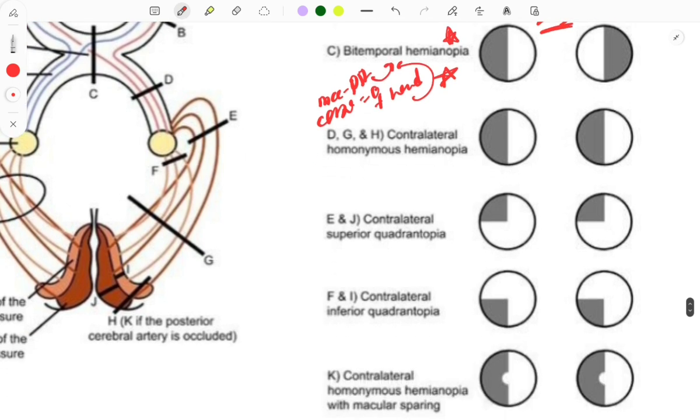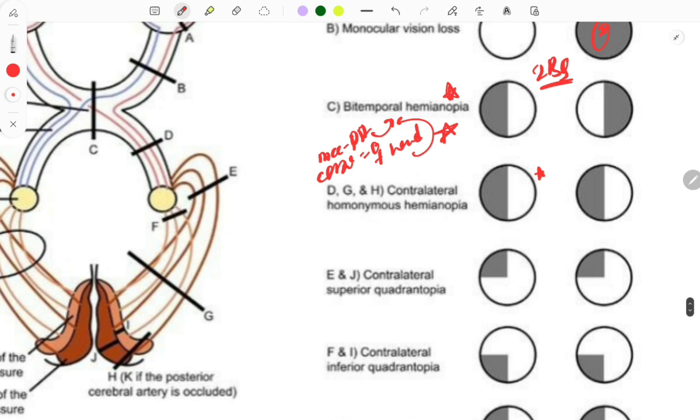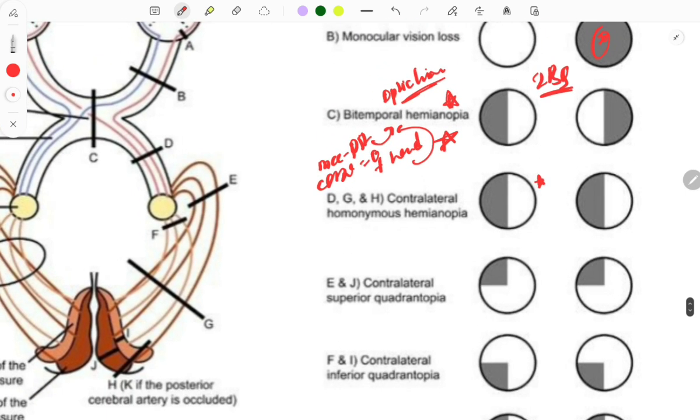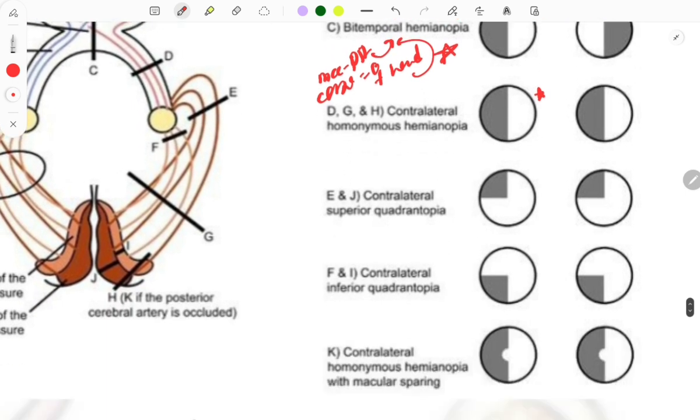Then contralateral homonymous hemianopia is seen if there is damage to the optic tract. And another important thing is bitemporal hemianopia, optic chiasma. So chiasmatic lesions will cause this hemianopia. So questions are also asked on the location, which location will cause which kind of defect if there's injury.